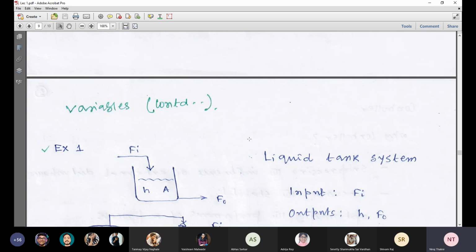Here, as I mentioned, Fi is the inlet flow rate and Fo is the outlet flow rate. H is the liquid height in the tank, and capital A is the cross-sectional area of the liquid tank, which is basically cylindrical.